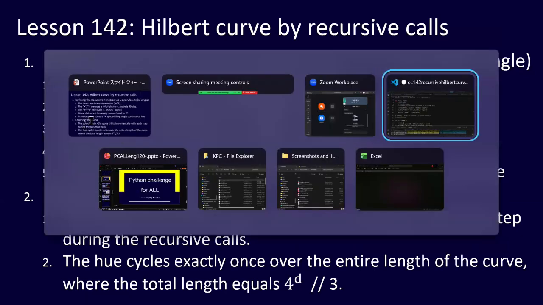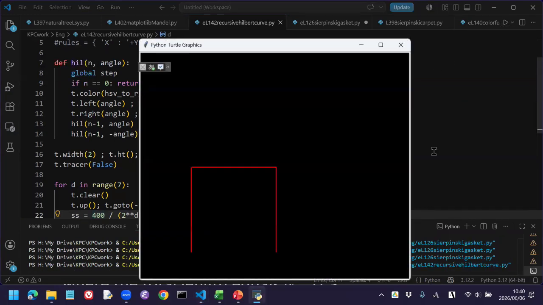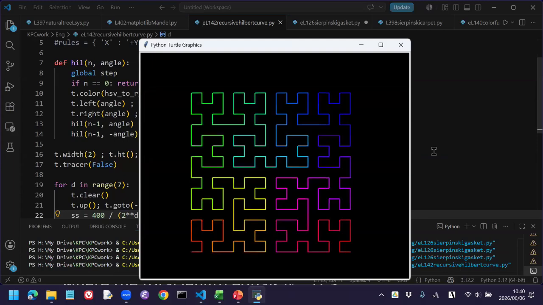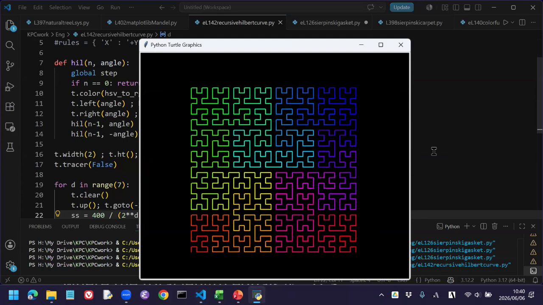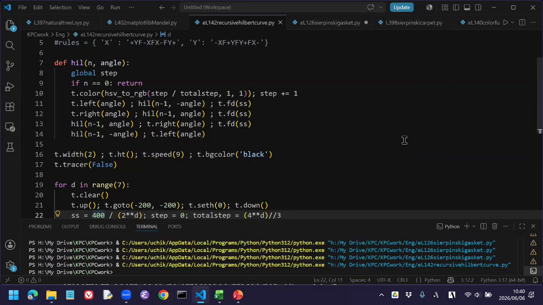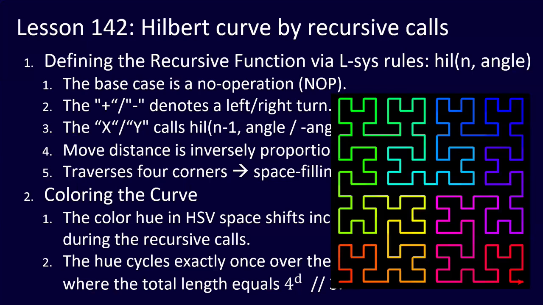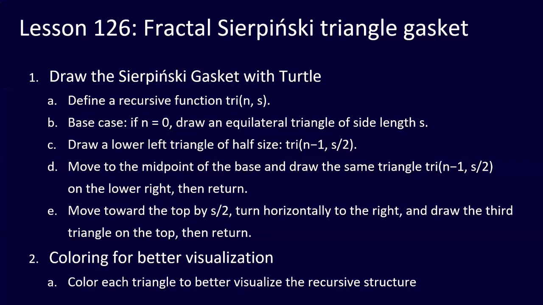By turning right, left, or calling the Hilbert function of n minus 1, we could draw the Hilbert curve like this, from level 0, 1, 2, 3, 4, 5, gradually filling the space with more and more detailed 90-degree curves.